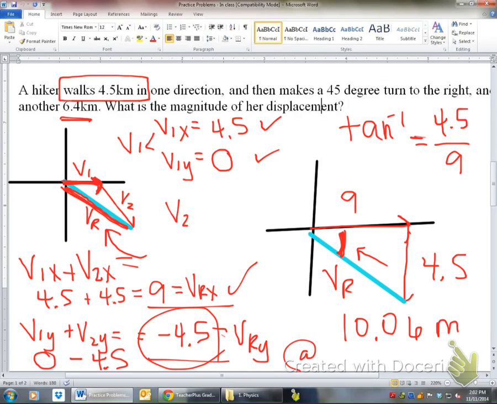It's 26.6. It won't make a difference on the angle. 26.6. Yes. And what direction is this angle going? South of east. Exactly, south of east. Oh, I'm sorry, that's kind of hard to see. It says south of east.